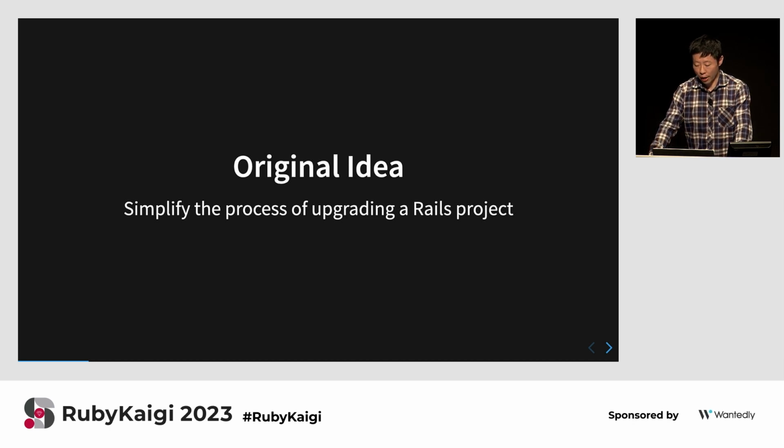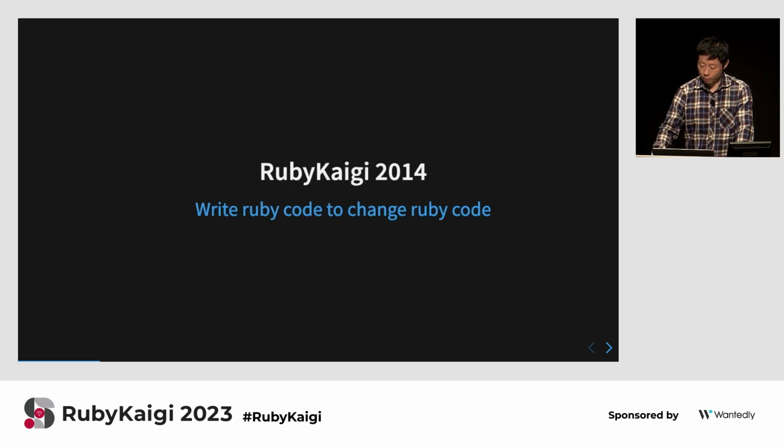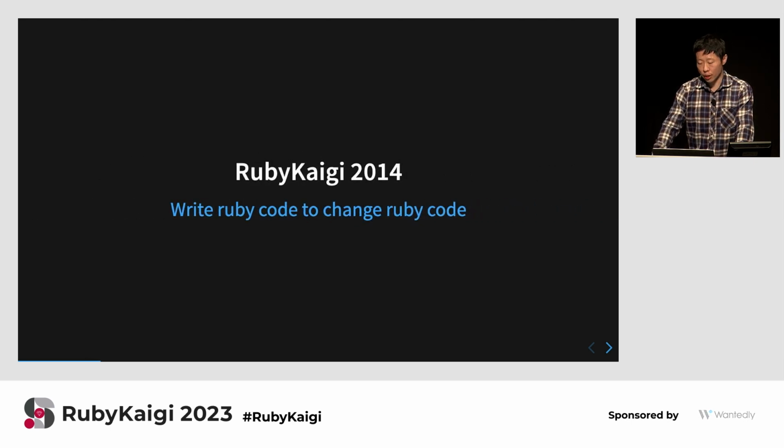Over time, I continued to use Synvert to upgrade the Rails project to version 4, 5, and 6. In 2014, I gave a presentation at RubyKaigi with the title, Write Ruby Code to Change the Ruby Code. That presentation gave a brief introduction to Synvert and its capabilities.